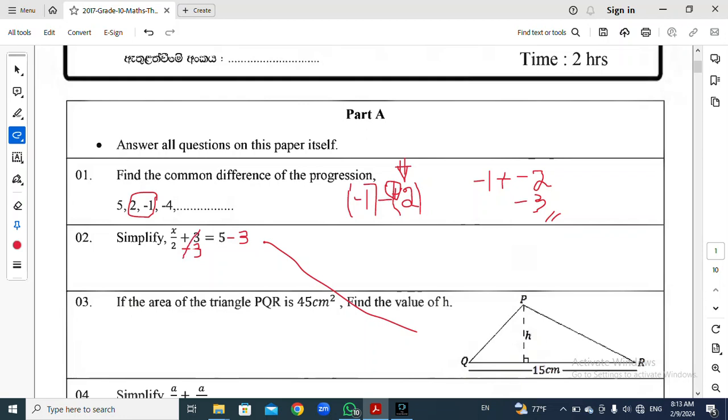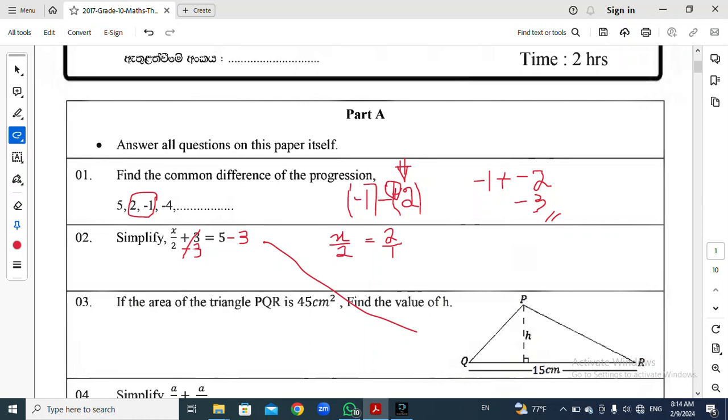I can cut down this plus 3 and -3, so x by 2 equals 5 minus 3, that is 2, and I'm taking it as a fraction, writing a 1 as the denominator.